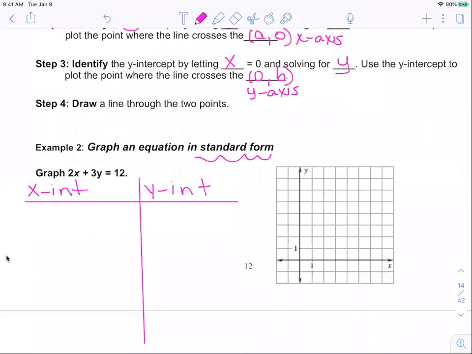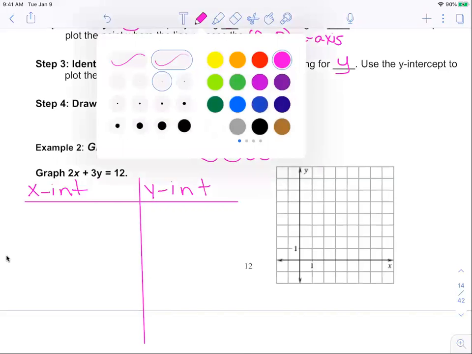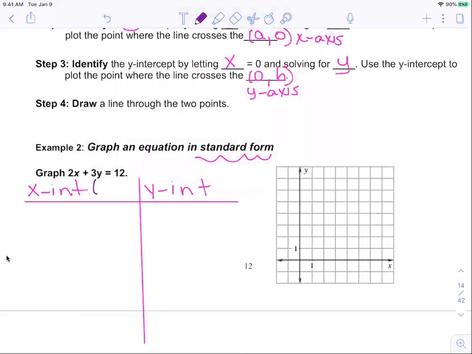We're not finding a slope and the b value. And the way we do that is by letting y equal 0 for the x, or letting x equal 0 for the y. So try to organize your thoughts and your information. How are we approaching this problem? I just make a little T-chart.